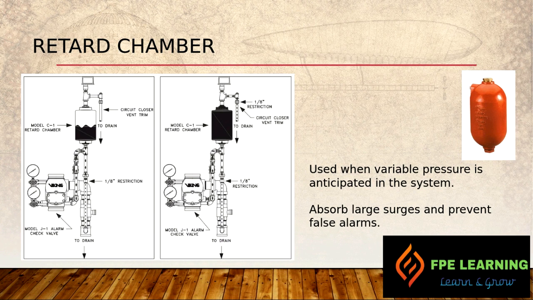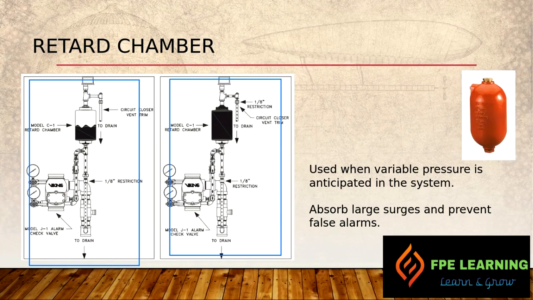Here on the left, we have a retard chamber in normal condition, and on the right, we have a retard chamber when we have high surges in the pressure. It will absorb all the surges and prevent false alarms. The size of the retard chamber is around 3 gallons, which is more than enough for the system.